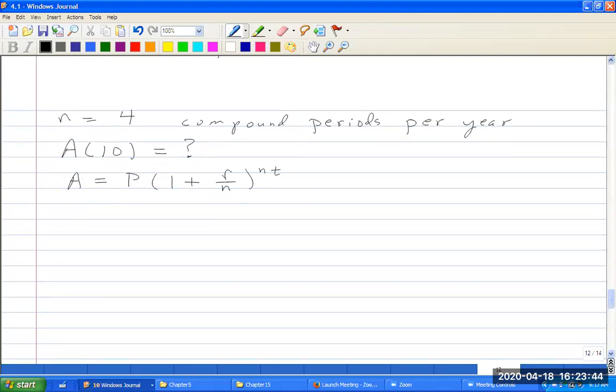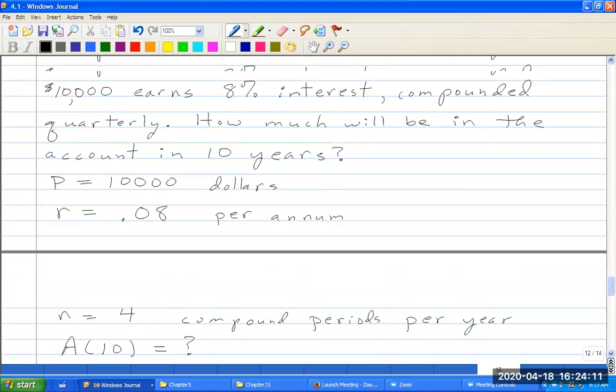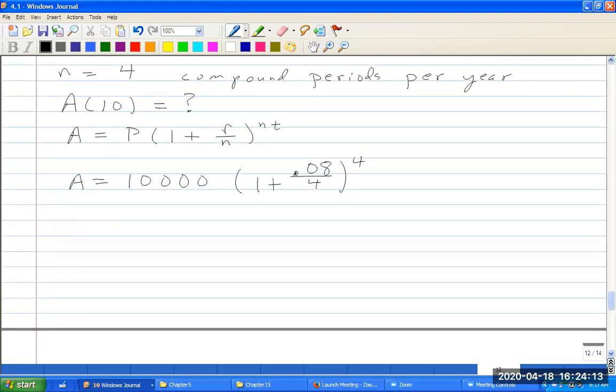And so A, the amount, equals the principal, which was 10,000, times 1 plus R, which was 0.08, over N, which was 4, to the power N, which was 4, times the number of years, T, which was 10. It's right there.